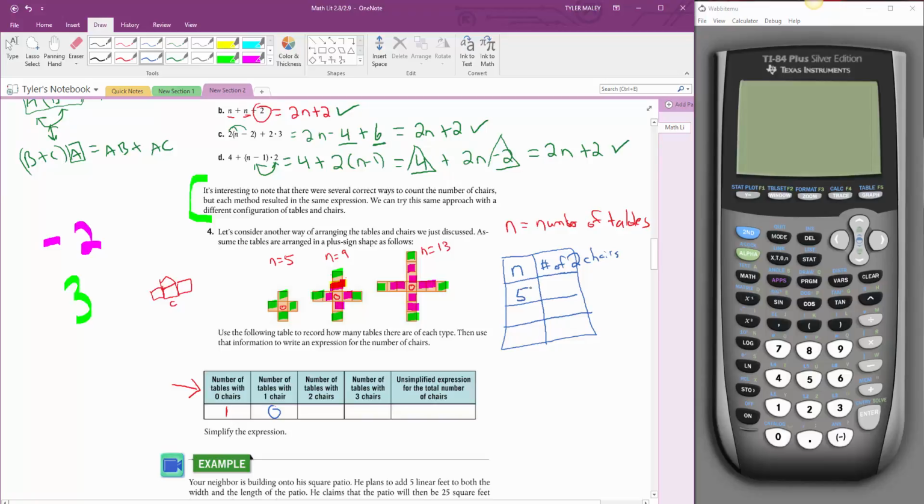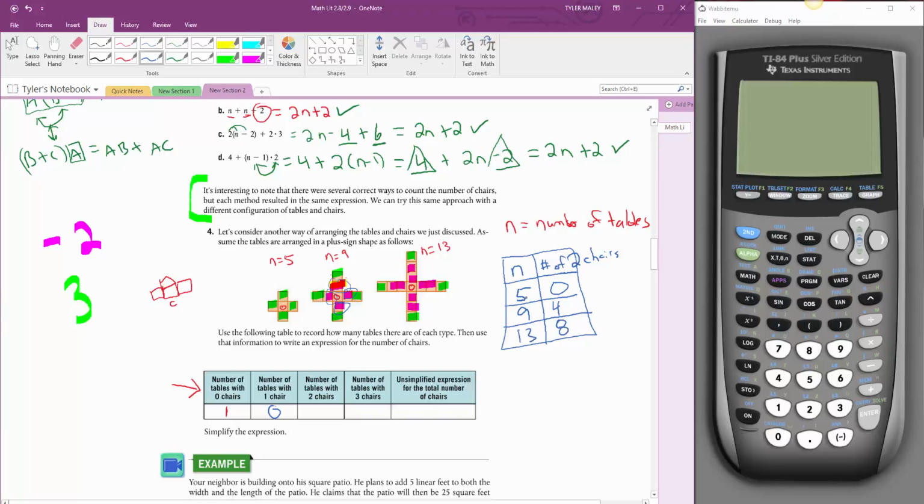If n is 5, we don't have any with the pink color, so this would be 0. When I have 9, I have 1, 2, 3, 4. There's 4. And with n equals 13, I have 1, 2, 3, 4, 5, 6, 7, 8.